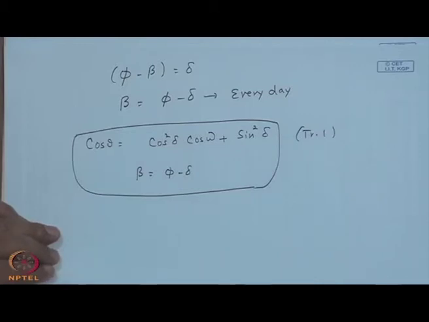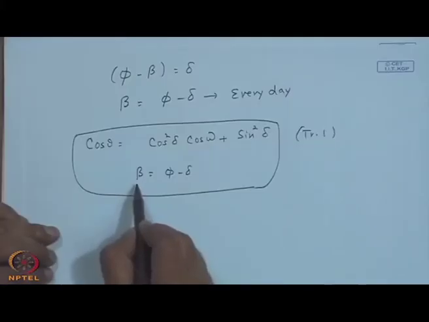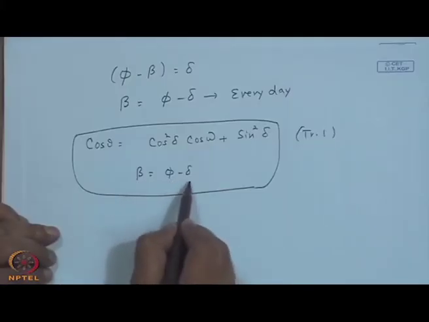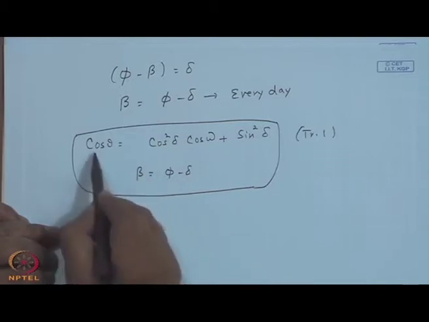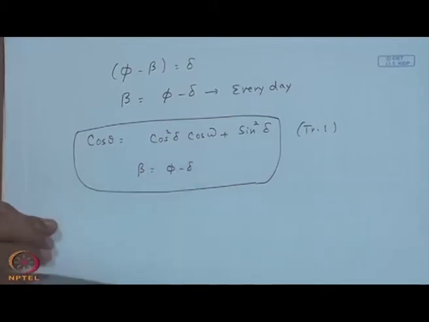So, in that sense you will not have complete information about what you should do about the tracking mode, but this is basically to tell that the aperture plane should have a slope given by phi minus delta, then cos theta is given by this expression.